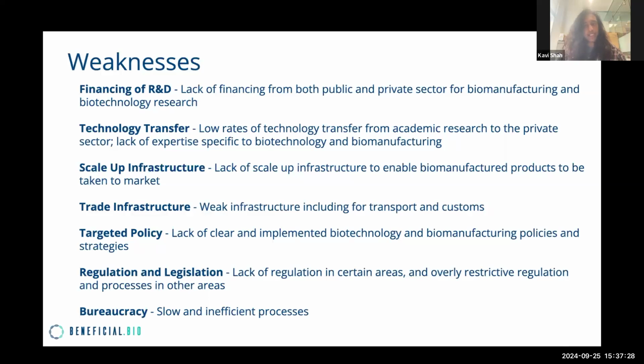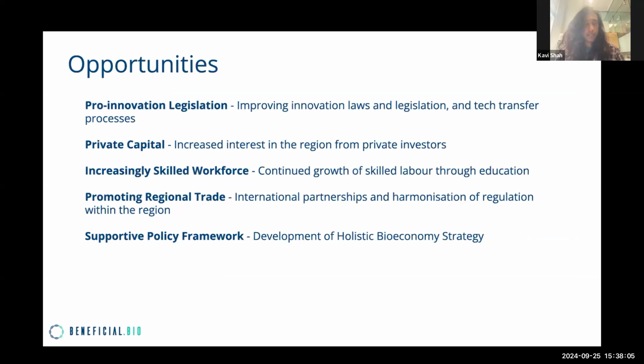There is also limited private investment in comparison. And so improving this could be a great benefit. Technology transfer, I think we've spoken a little bit about, and scale up infrastructure, trade infrastructure. Targeted policies could help support biotechnology and biomanufacturing, and then also improvements in regulation and legislation, and reducing bureaucracy could also support research and development.